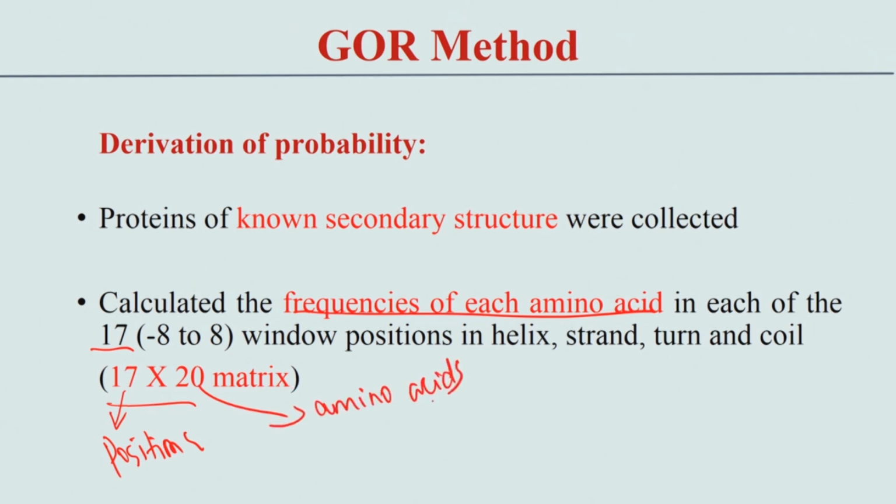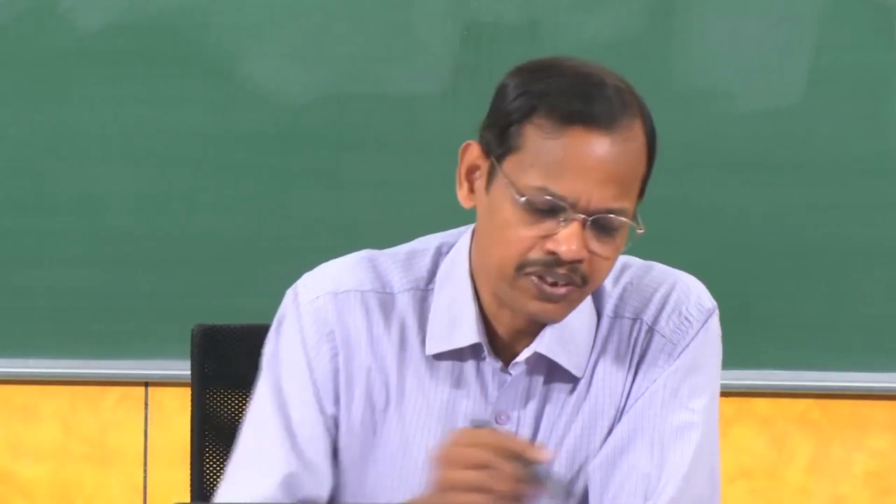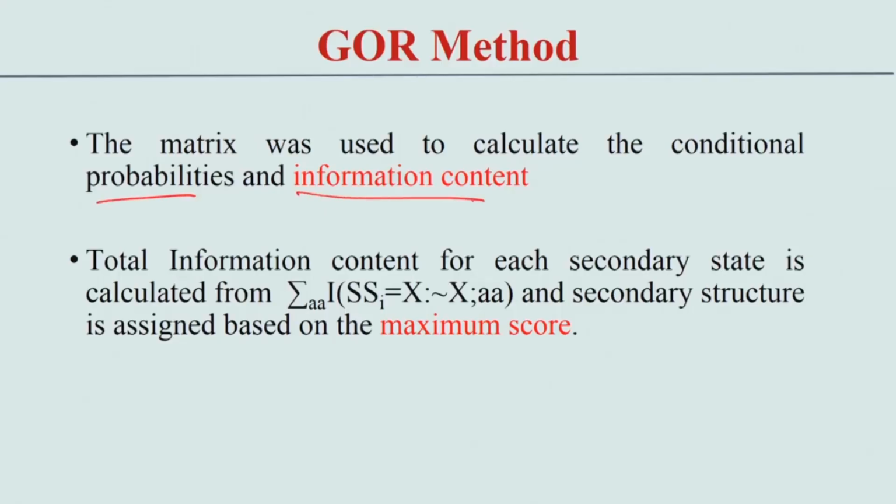They use this matrix to calculate the probability as well as the information content, because this matrix contains information about the preference of any particular residue at different positions, 17 positions. So, this matrix can be used to obtain the probability of any new residue to be at any particular position, depending upon the secondary structure.